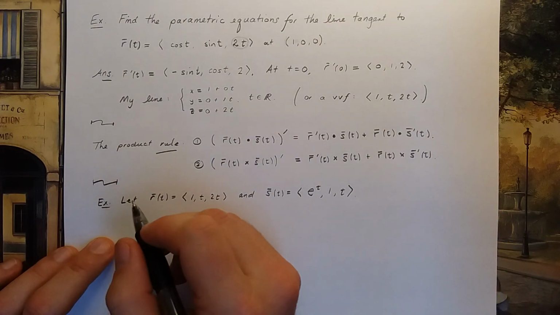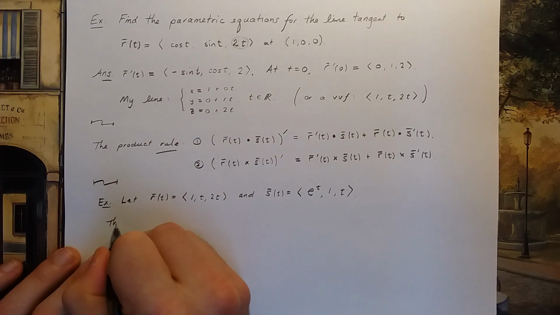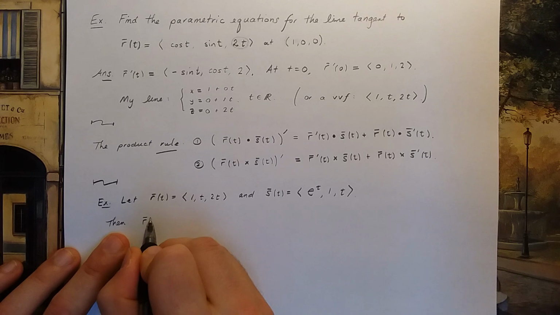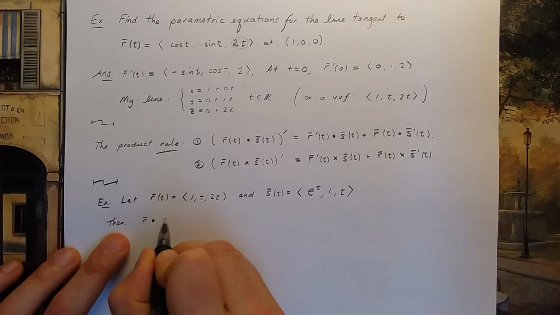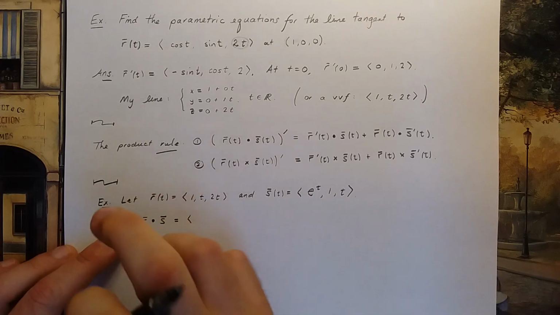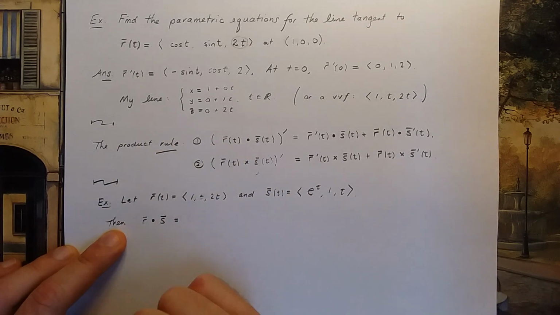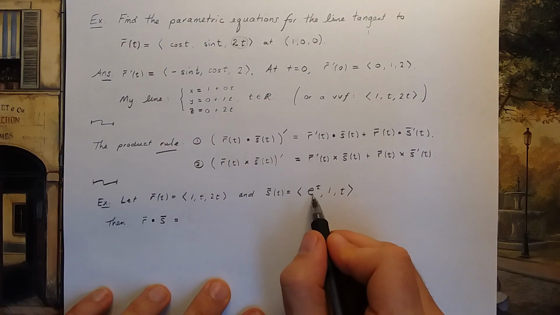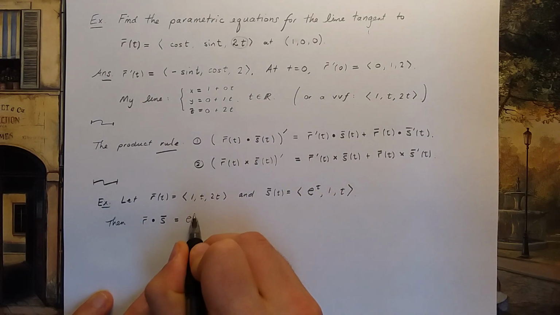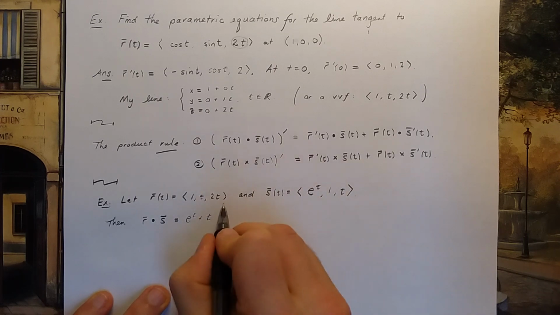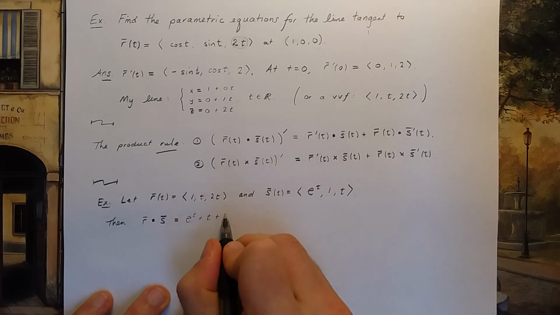Okay, then the dot product, r dot s, would be not a vector, but a regular scalar function given by e to the t plus t plus 2t squared.